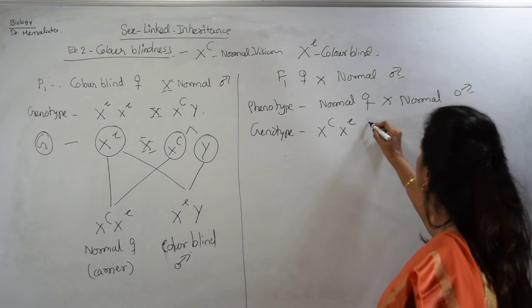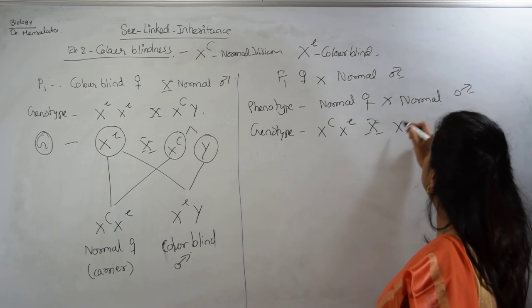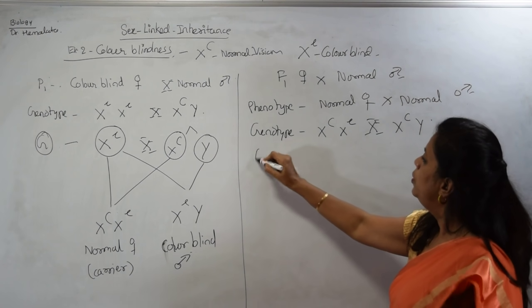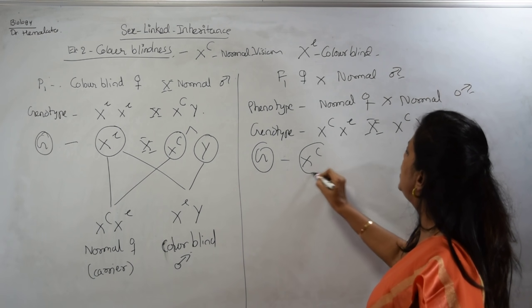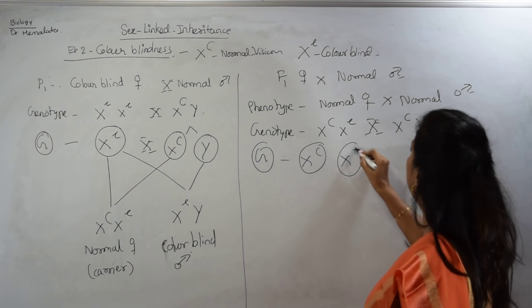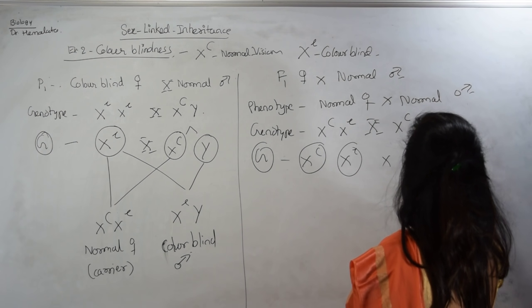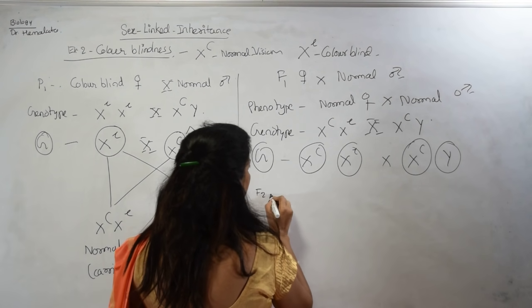Cross with the normal visioned male, X capital C, Y. During gamete formation, she will produce two gametes, X capital C and X small c. He will produce two gametes, X capital C and Y. Okay. Let me put the checkerboard and analyze the F2 generation.